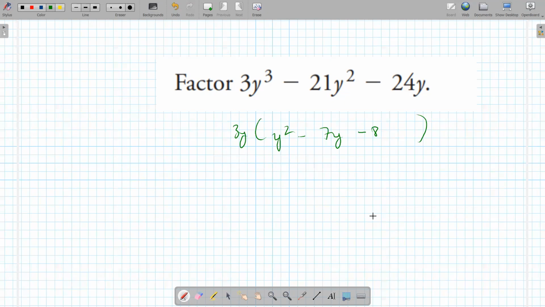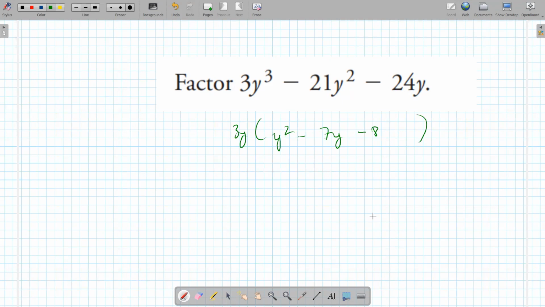All right, how do we factor that? What does it multiply to? What does it add up to?